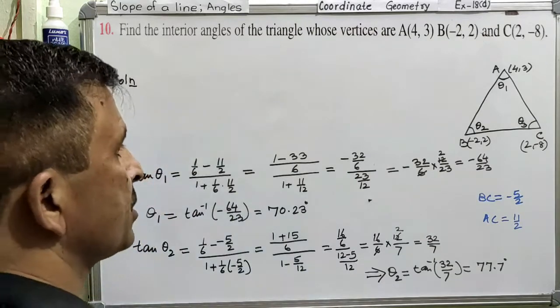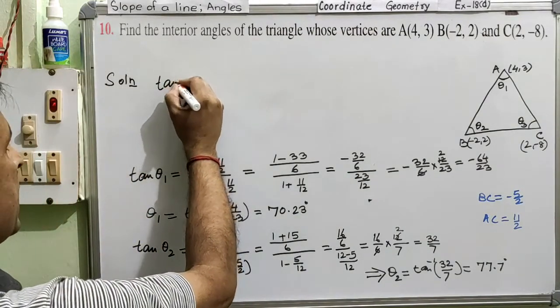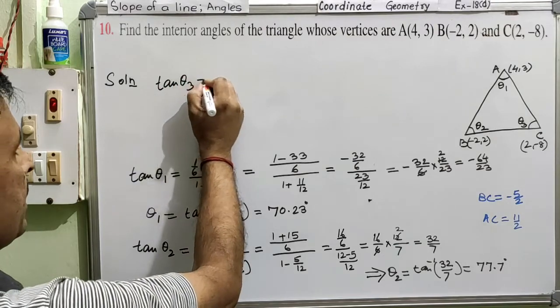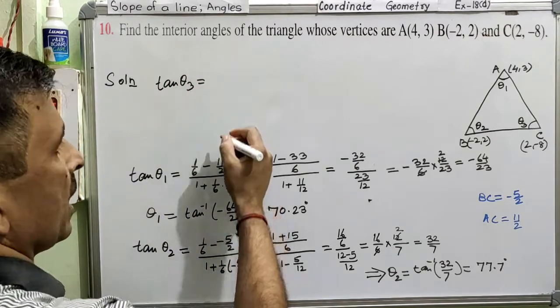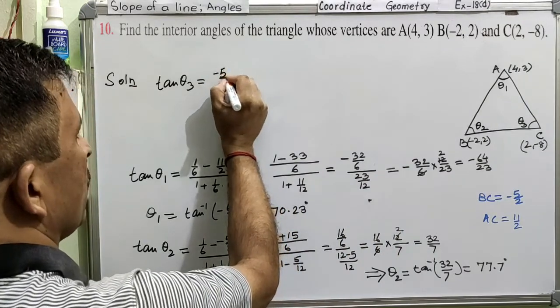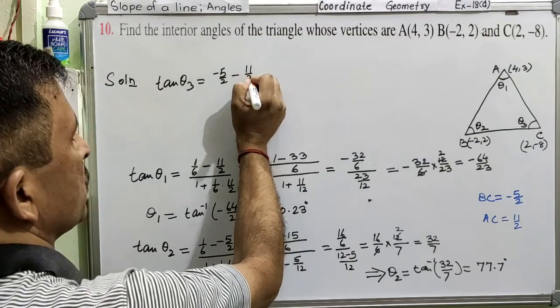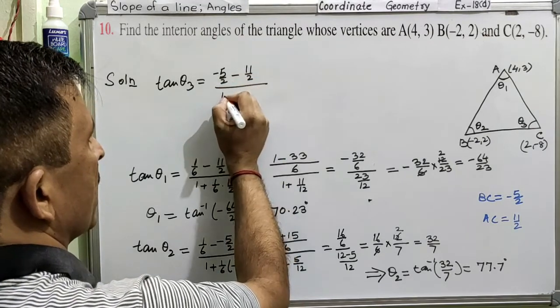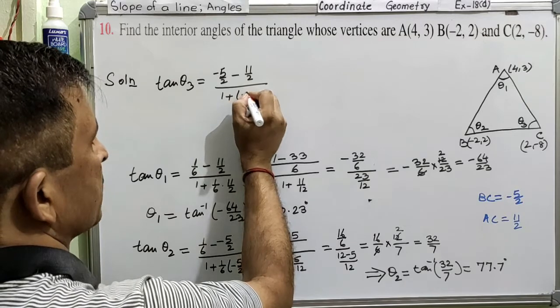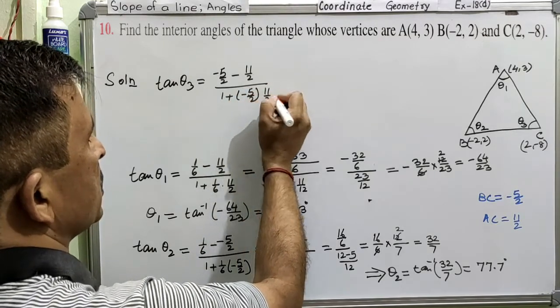Alright, so now tan theta 3 is equal to minus 5 over 2 minus 11 over 2, divided by 1 plus minus 5 over 2 into 11 over 2.